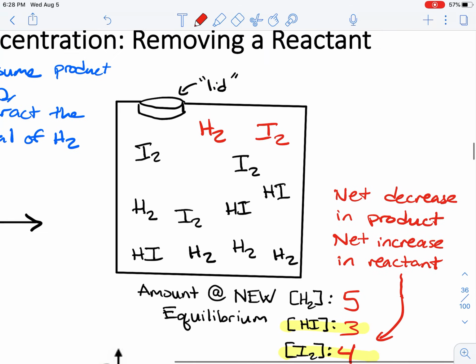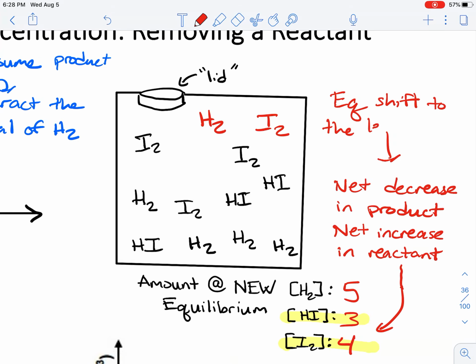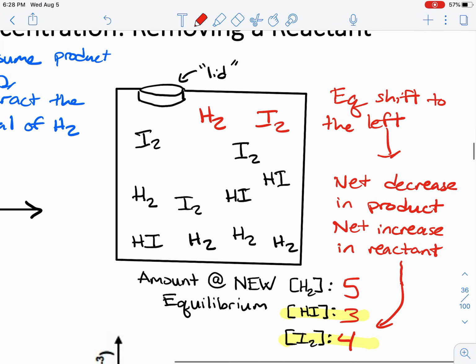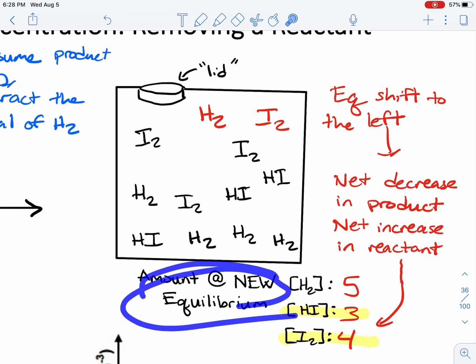And so therefore, we can confidently say that the equilibrium has shifted to the left to favor the production of reactant and a decrease of product to reach a new state of equilibrium.